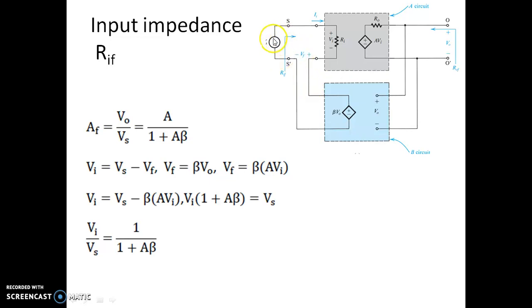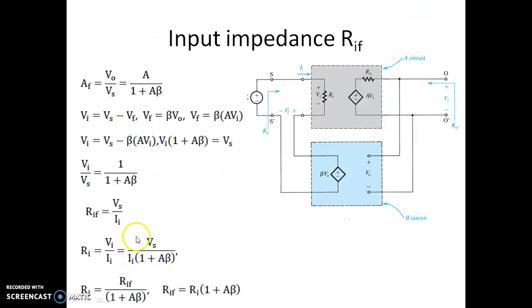This is your Vs, the supply voltage, and this is Vi. The relationship is 1 over 1 plus A beta, meaning to say if you don't have the feedback, whatever is your Vs will be reaching Vi. Since you have feedback here, the input voltage is reduced by 1 plus A beta times.